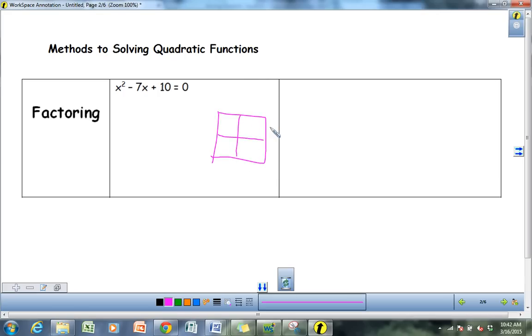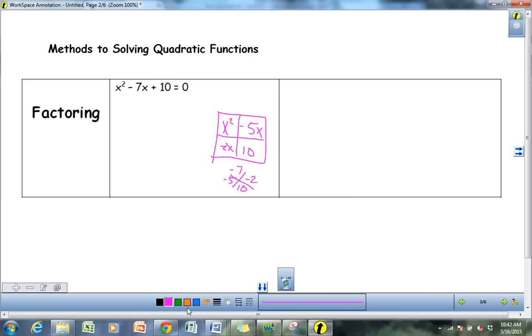Put your first term in the top left, last term in the bottom right, and do a little side work. So we need two numbers that add to b, which is -7, and multiply to a times c. A is 1, so 1 times 10 is 10. My two factors are -5 and -2. Does not matter what order you put them in the box.